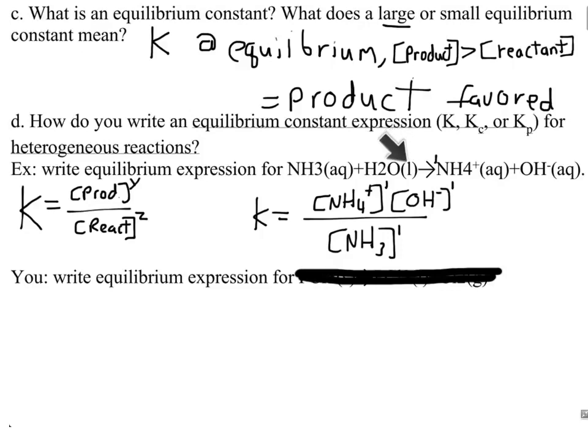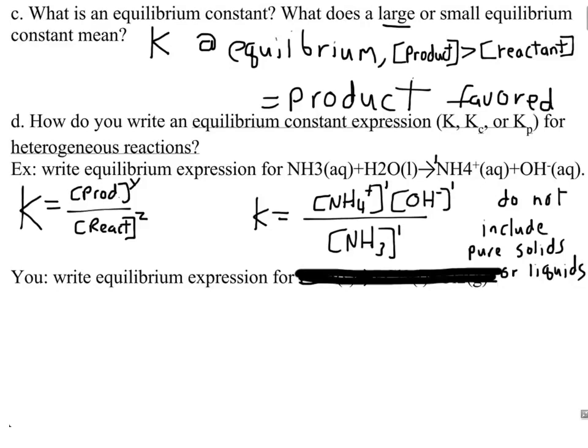If an equation says L for liquid or S for solid, then you don't put it in the equilibrium expression because it doesn't have a concentration. If it says G for gas, it does have a concentration because it's dissolved in air or in a container. So tip: do not include pure solids or liquids.